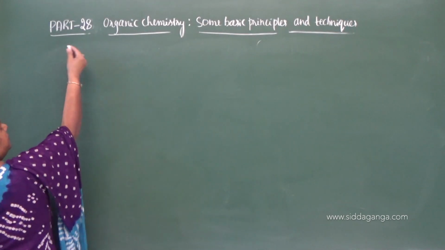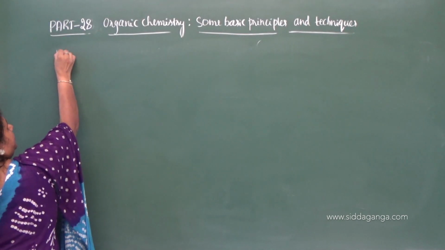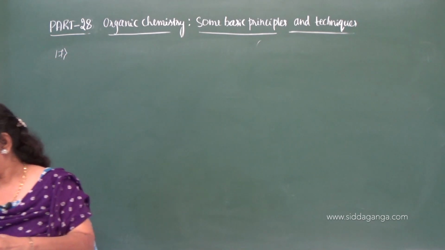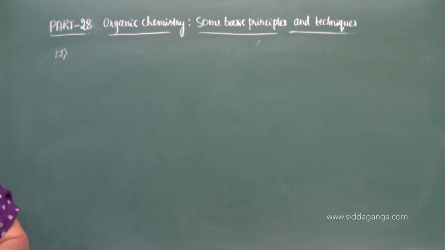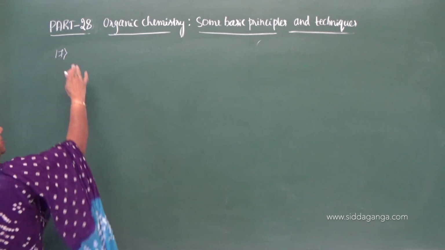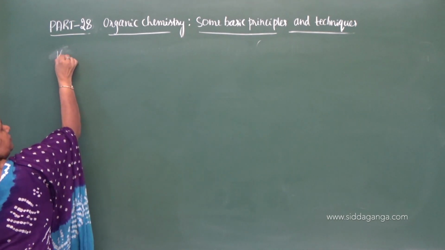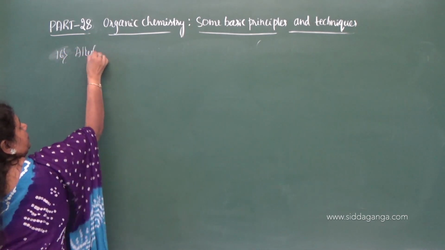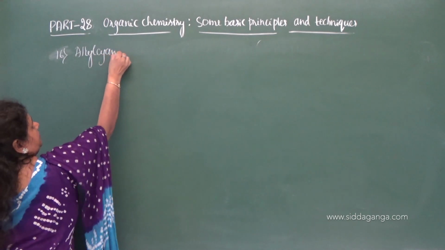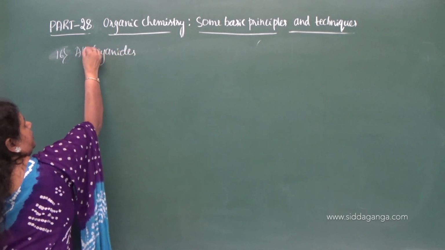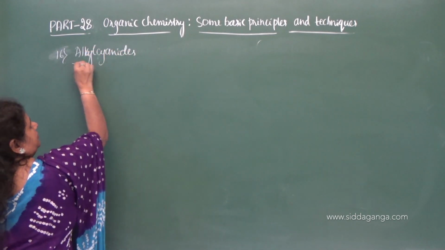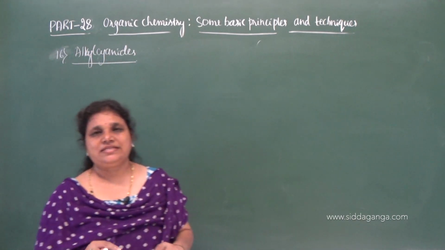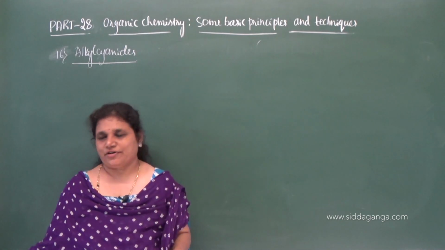That is 17th or 16th one, that is alkyl cyanides. Alkyl cyanides means cyanide is also a functional group, C triple bond N, that is the functional group.